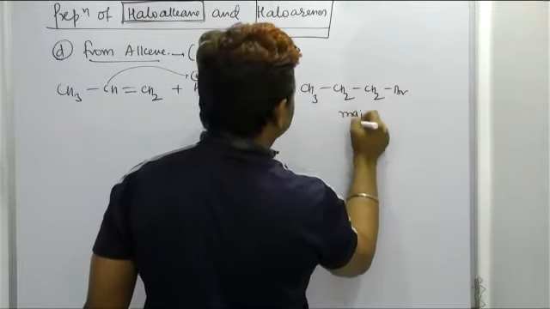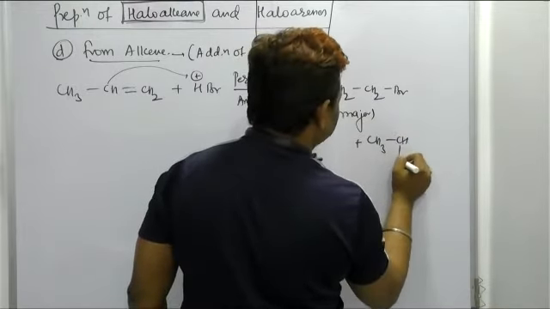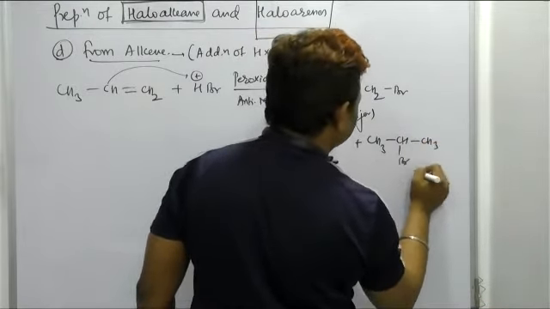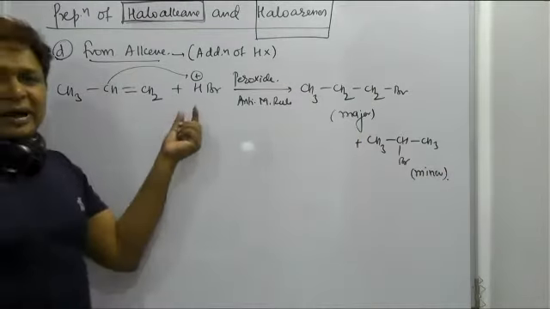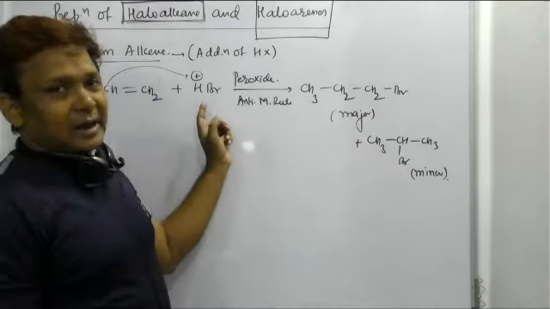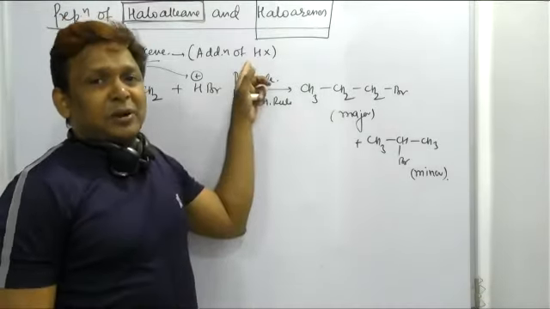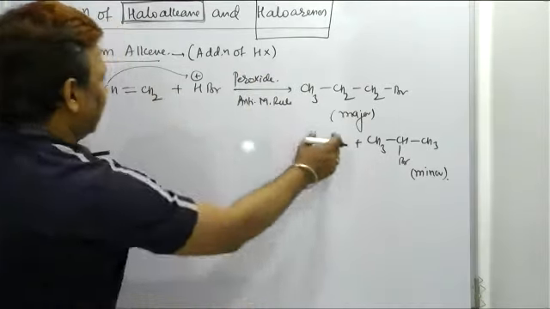This one is the major and the other part beta, CH3 CHBr CH3, this one is the minor. So remember beta, if we are doing addition of hydrogen halide on unsymmetrical alkene, check with that: either you are adding the HBr in absence of peroxide or presence of peroxide. In presence of peroxide, we got the anti-Markovnikov rule here.